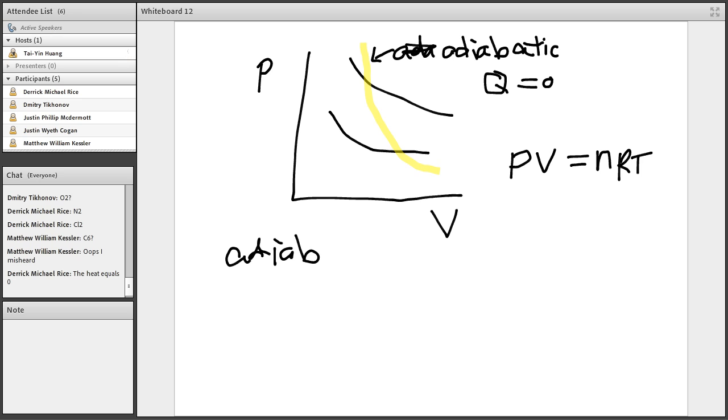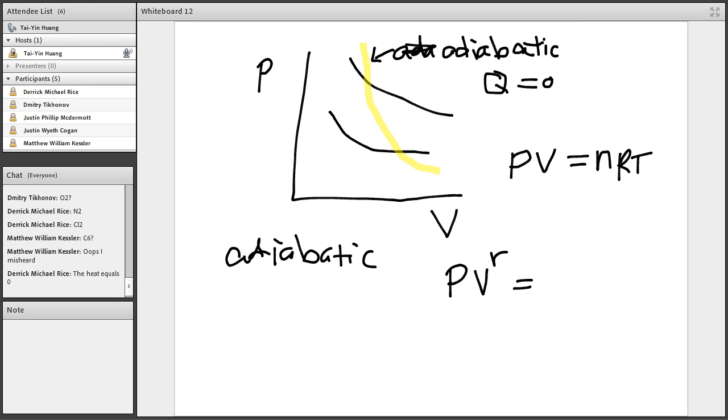then there's 2 additional equations you can use. One is that P times V to the gamma is a constant. What does that mean?